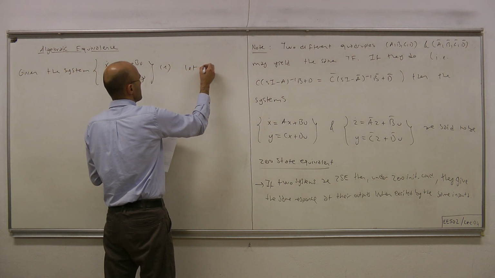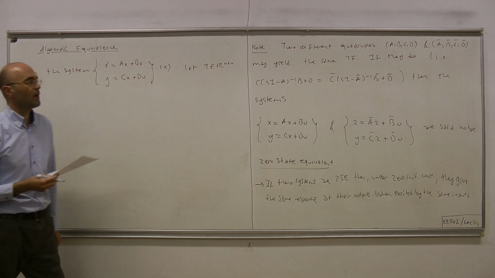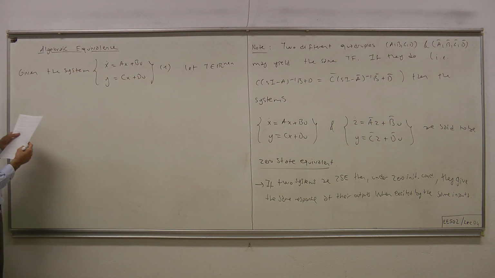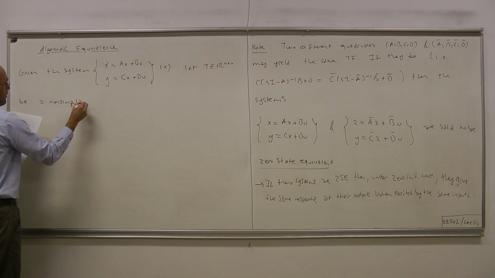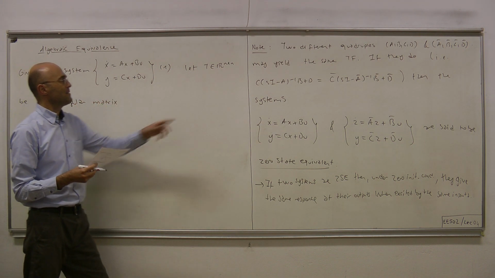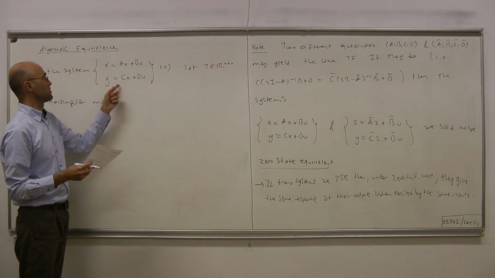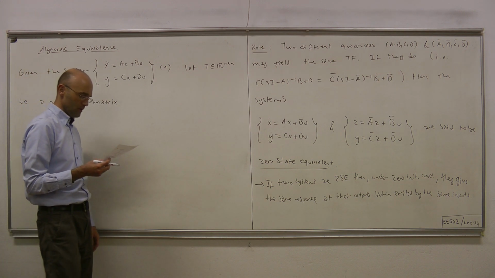Now let T be an n by n non-singular matrix, where n is the order of the system, therefore x is in Rn, A is an n by n matrix, and so on.